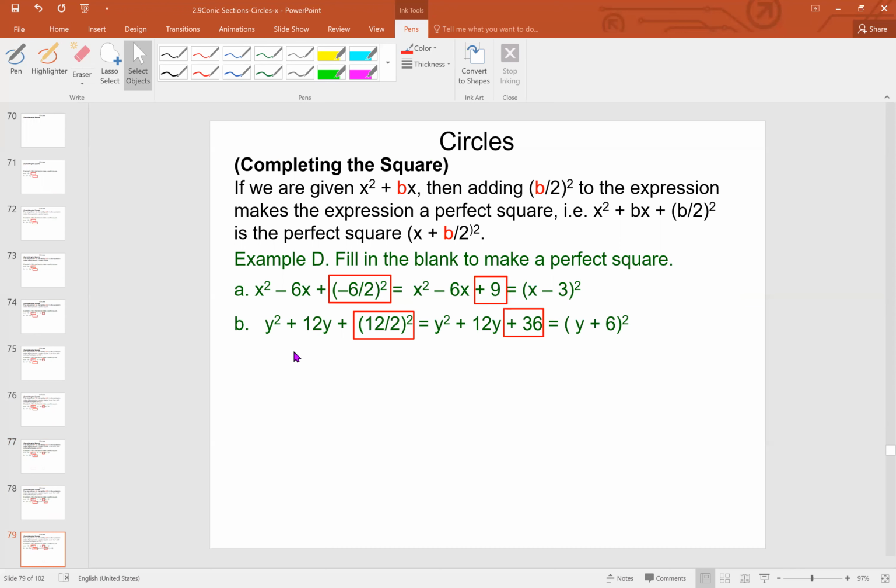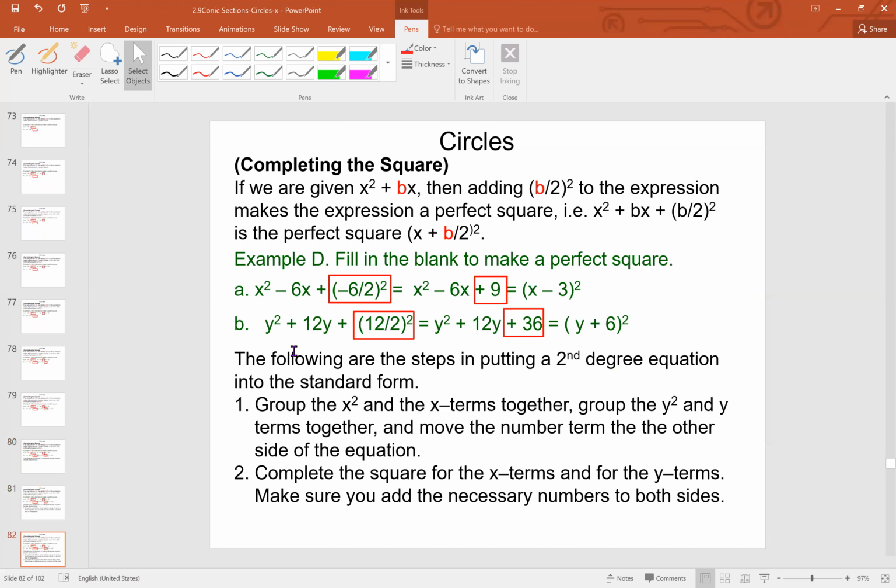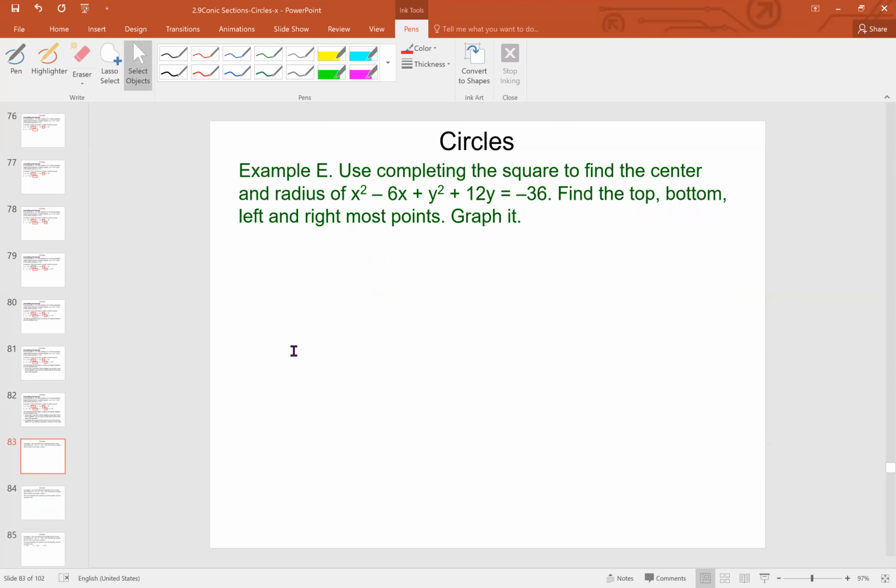So here's how we complete the square for this equation. This is the equation of a circle, but it's not in the standard form. So I'm going to put it into (x minus something) squared plus (y minus something) squared, the standard form, to read out the center and the radius.